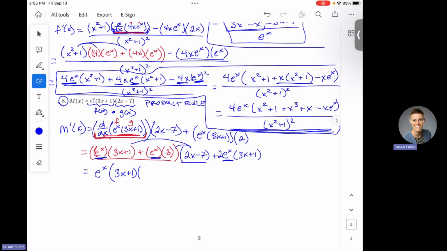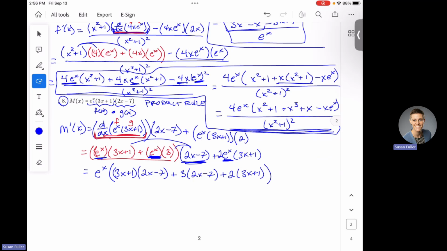And from the distribution, I'm going to get a 2x minus 7 with this one. And then I'm going to add to that. Again, I'm taking the e to the x out of this middle one, so I'm just going to have a 3 left there times one of these, 2x minus 7. And I'm going to add to that, when I take an e to the x out of this, I'm going to have 2 times 3x plus 1.